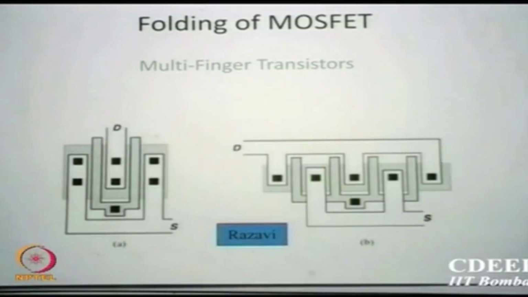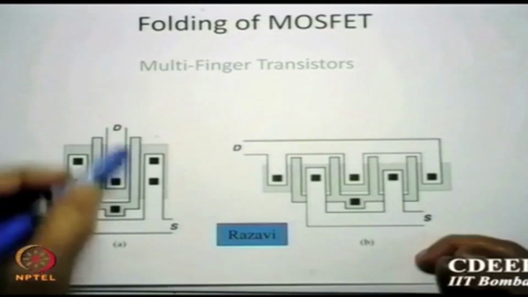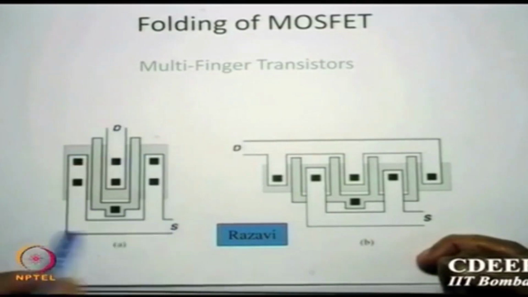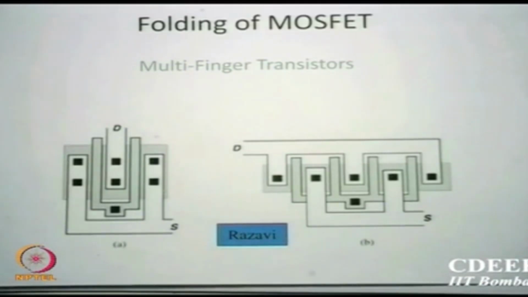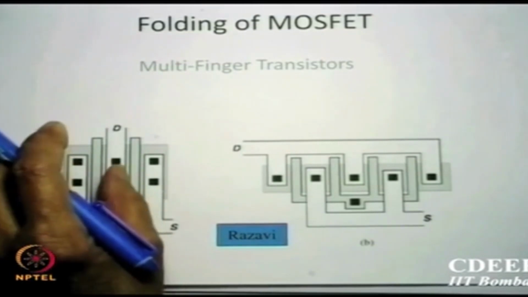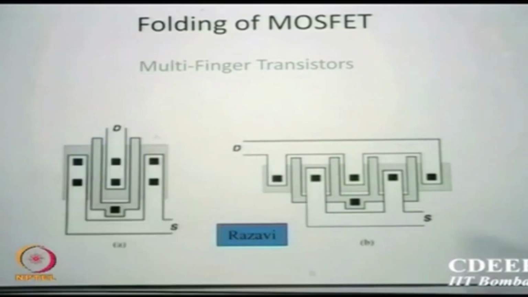Source on the outside and center is the drain. So I took the drain here, source outside and connected them also. This is still a single transistor. Please remember, sources are common, drains are also connected. So what does it mean? It's parallel transistors, two are connected here. Is that clear to you? This is essentially what is called folding or finger structures.